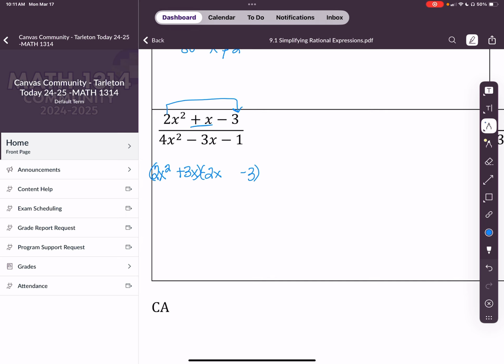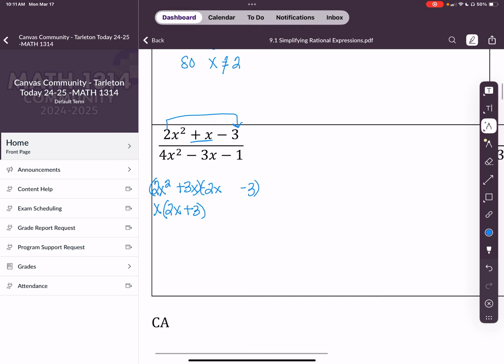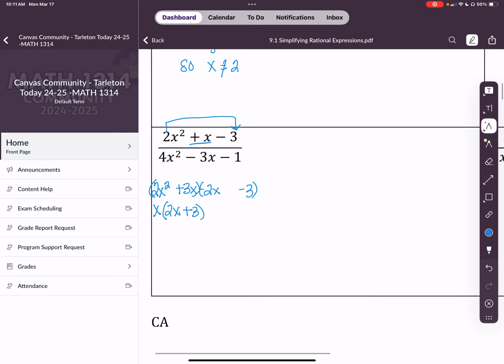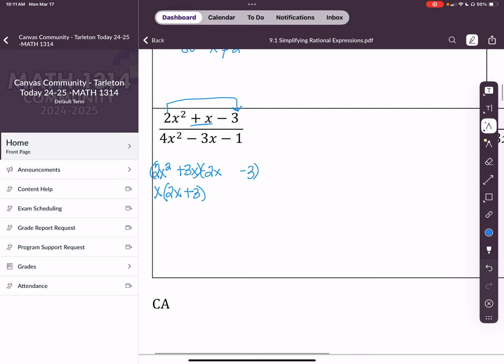So 2x squared and 3x, they both have an x in common. So that's going to be 2x plus 3, okay? And then I have negative 2x and negative 3. So honestly, the only thing that they have in common here is a negative 1. So that's going to be 2x plus 3, okay?